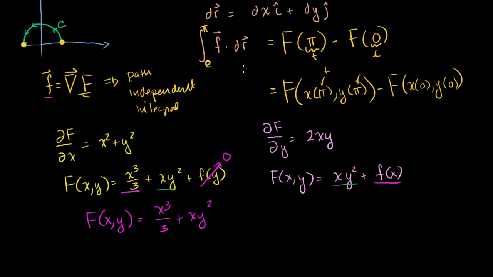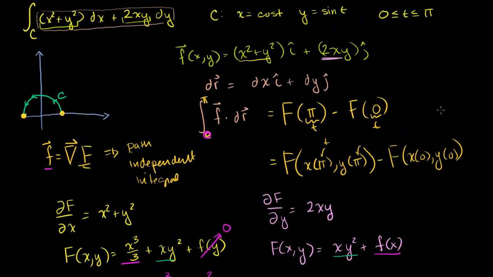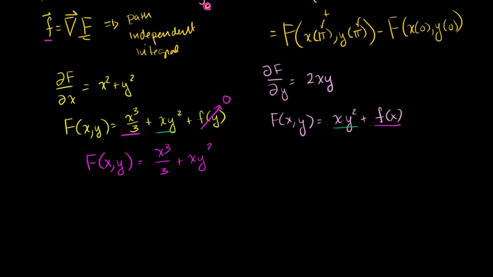And so to solve our integral, we just have to figure out x of pi, y of pi, x of 0, y of 0, evaluate the potential at both points, and then subtract the two. So let's do that. x was cosine of t, y is sine of t.